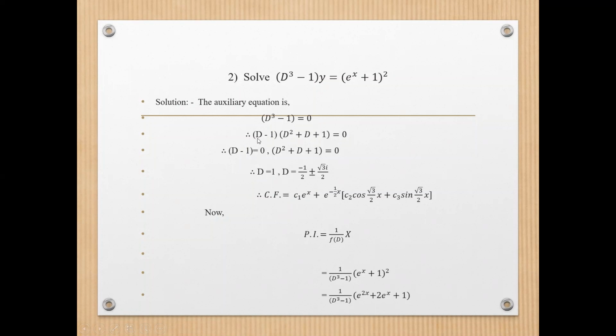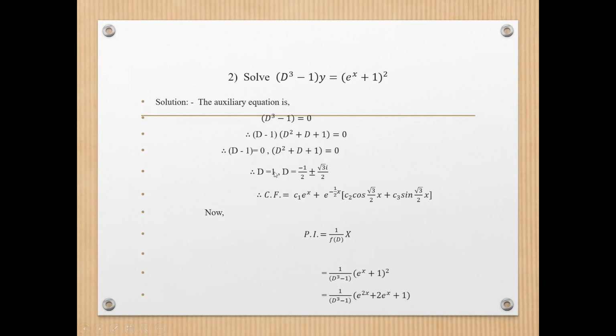This can be written as d minus 1 into d square plus d plus 1 is equal to 0. So d minus 1 is equal to 0, and d square plus d plus 1 is equal to 0. We get the roots of this cubic equation, or auxiliary equation, as 1 and minus 1 by 2 plus minus root 3 i by 2. One root is real and the other roots are complex conjugates.